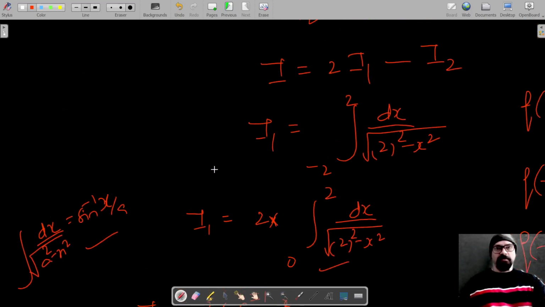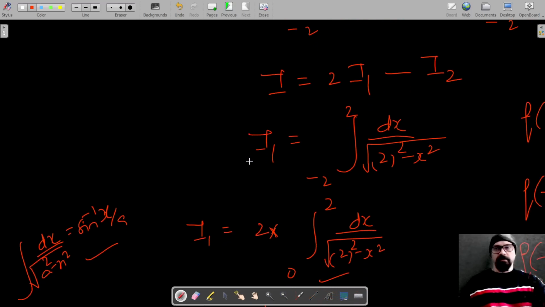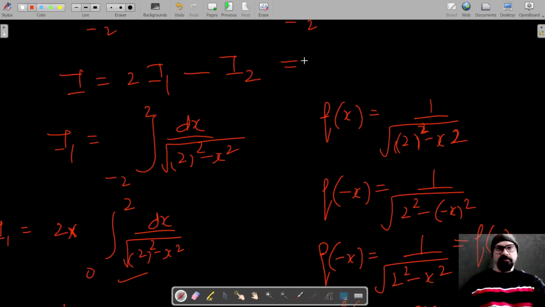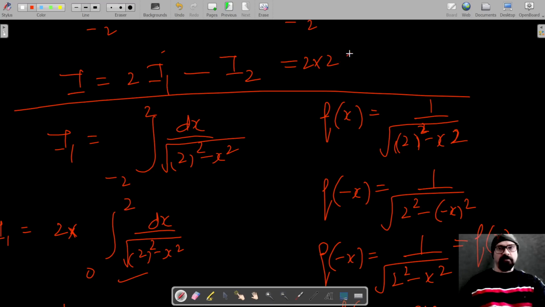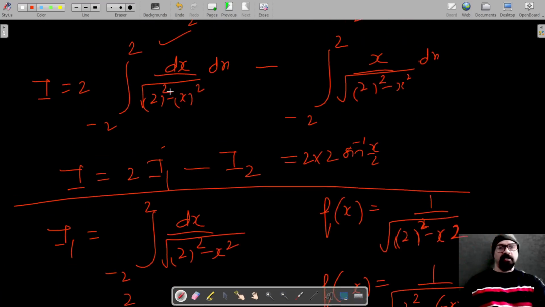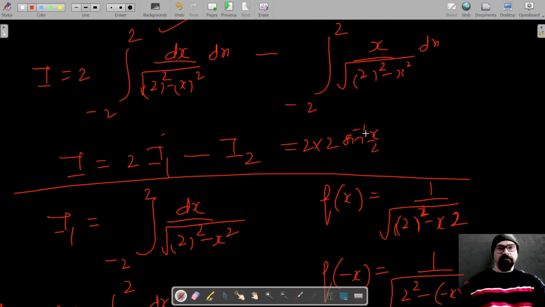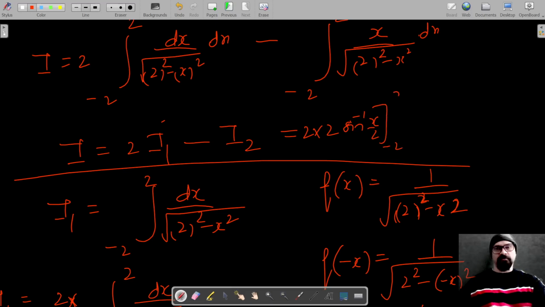Let's replace the value of I1, which is 2 into sine inverse x by 2, and it has to be evaluated for the limits, which are -2 to 2.